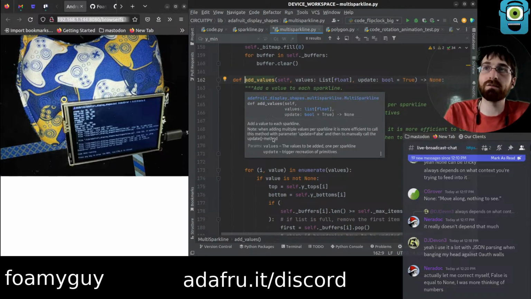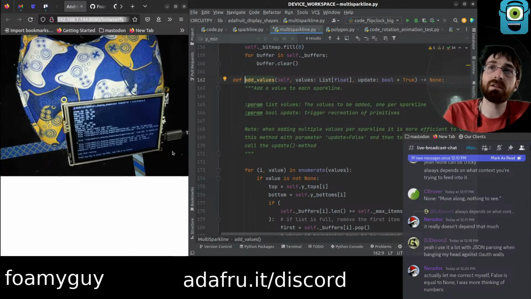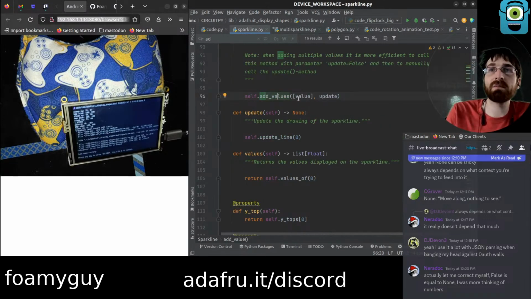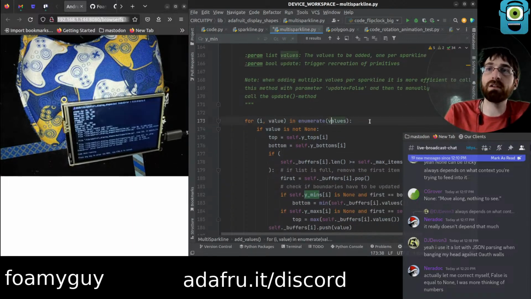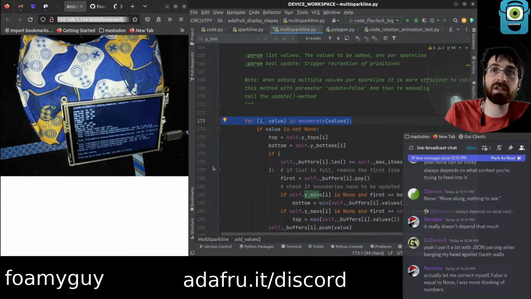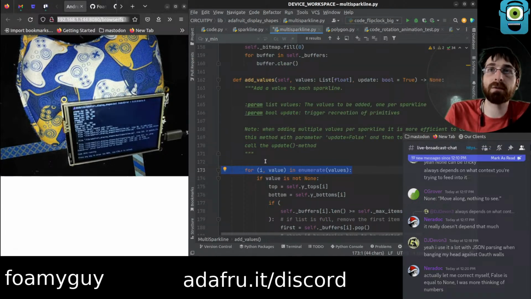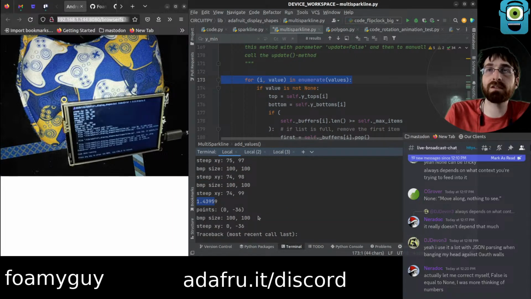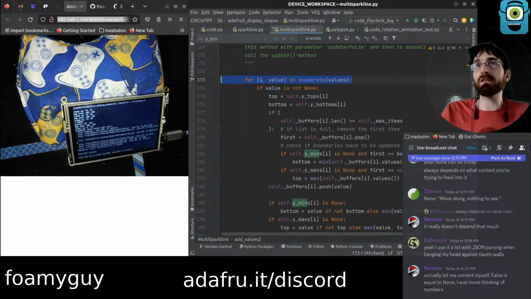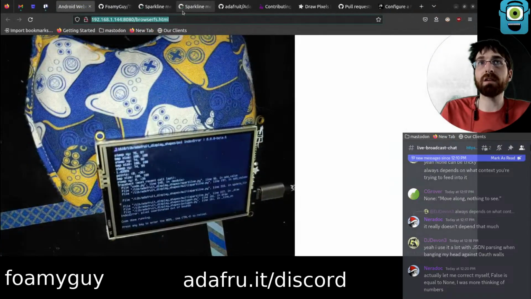So add values came in as, in our case, a list with a single value. We're then enumerating those values, but we just have the one, so it's just that single value again. The value was 1.43 in this case. Let's look at the docs again. Sorry, I got sidetracked from that.